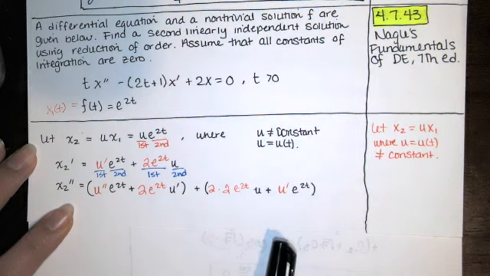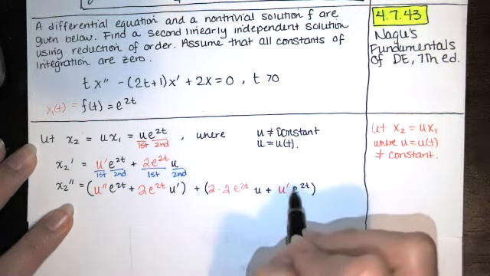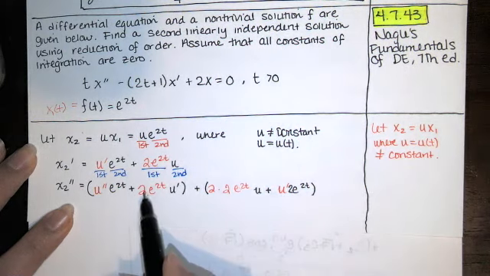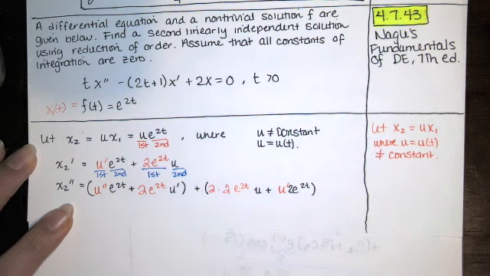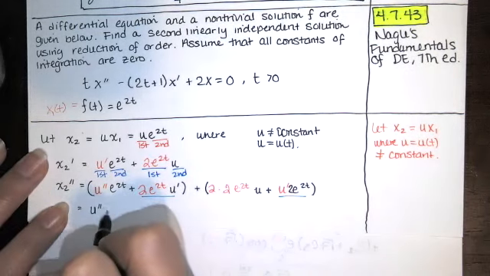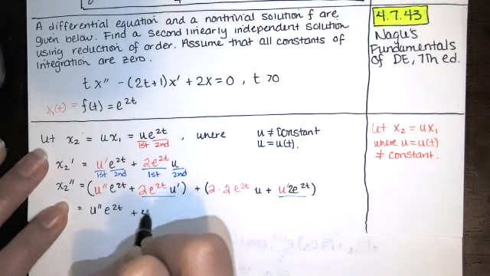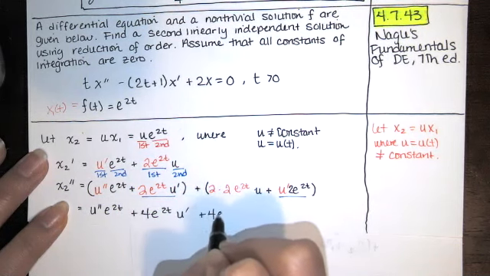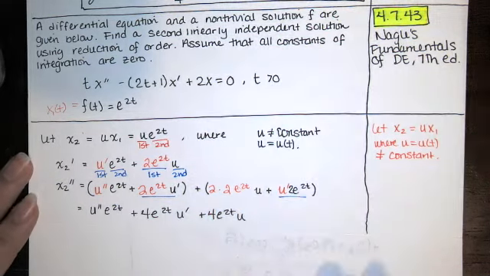I've got the first is actually 2e to the 2t. We've got 2e to the 2t times u prime there and 2e to the 2t times u prime there. So these are like terms. I've got 2 of them here and 2 of them there. That means I have 4 of them total. And then I have 4 times e to the 2t times u for that last term as well.